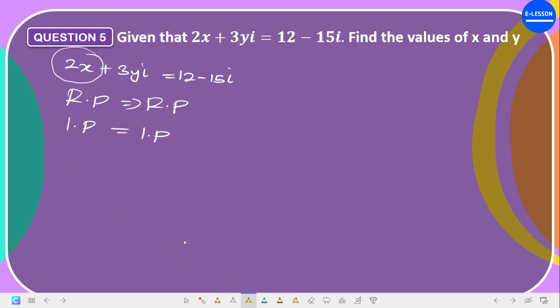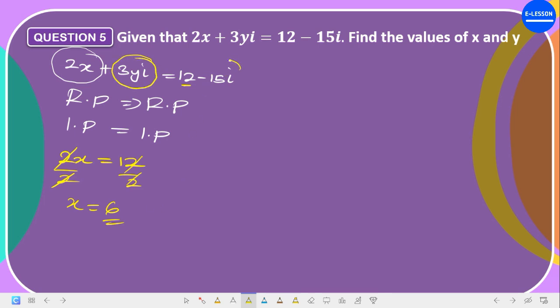So for the real part, 2x will be equal to 12. To get x, divide both sides by 2. 2 cancels 2, so x will be equal to what? 6. Are we getting it? Because 12 divided by 2 is 6. Now, the imaginary part of this side is 3yi.